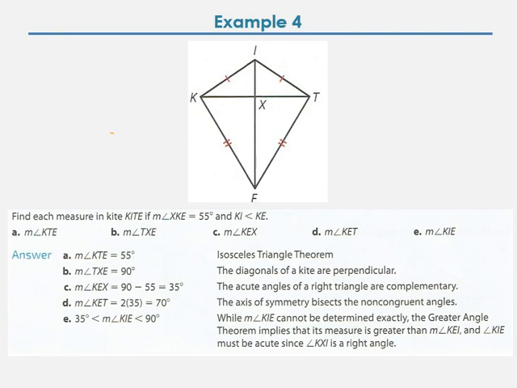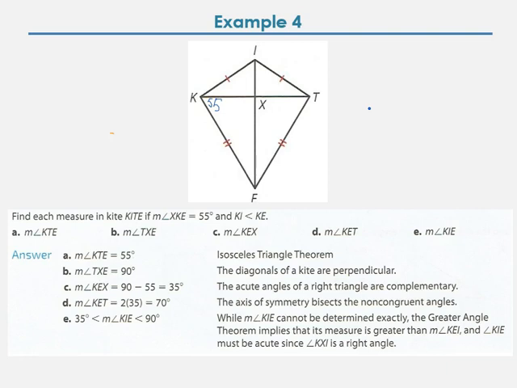Let's take a look at example 4, and this is where we put all of these properties together. Find each measure in kite KITE if the measure of XKE is 55, and KI is congruent to KE.